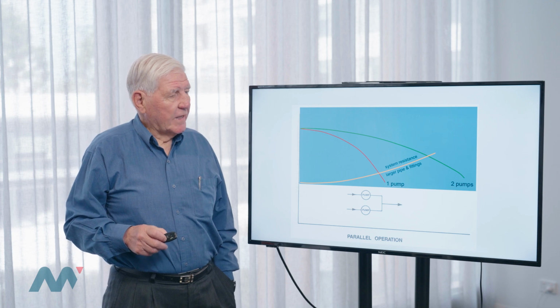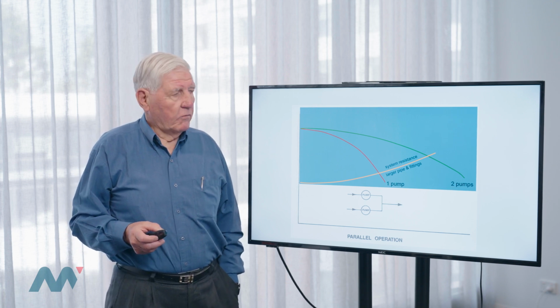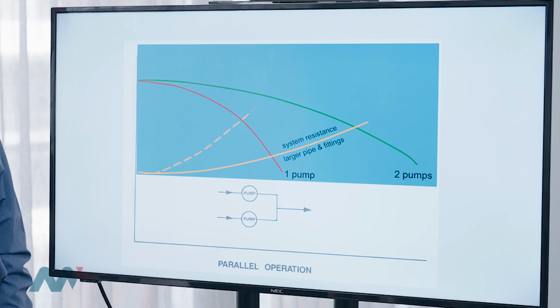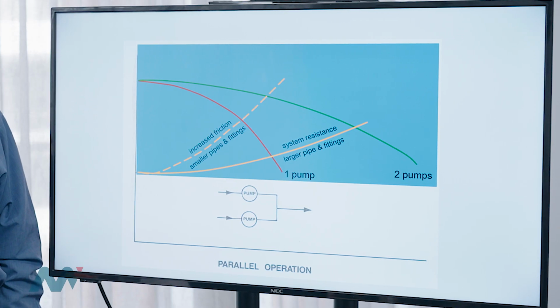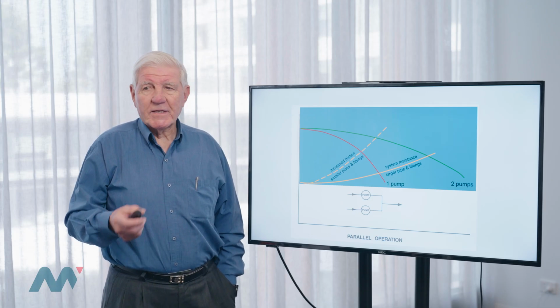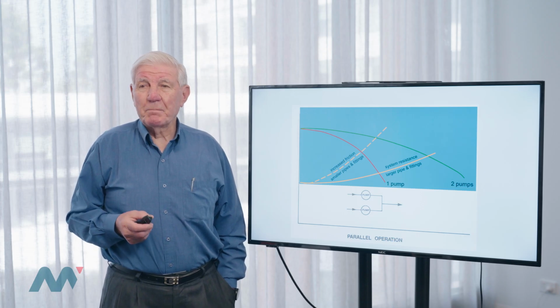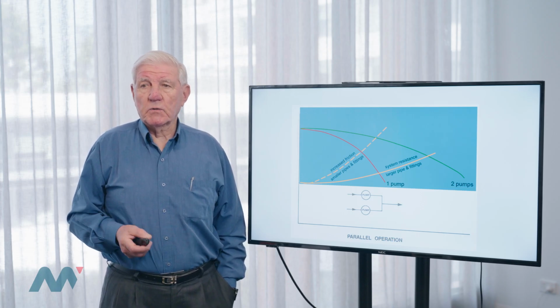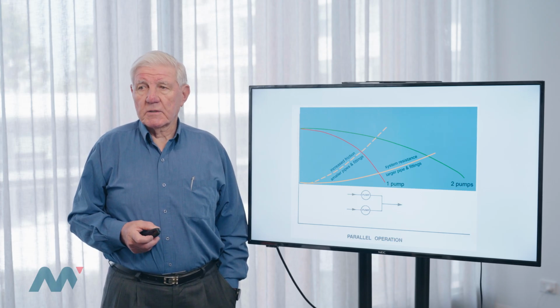So if we actually have smaller pipelines, we will get a much higher system resistance. So the volume increase that we get by switching on the second pump is significantly lower. So when you're pumping these increased volumes, you want the minimum system resistance that you can, in other words, larger pipe work.